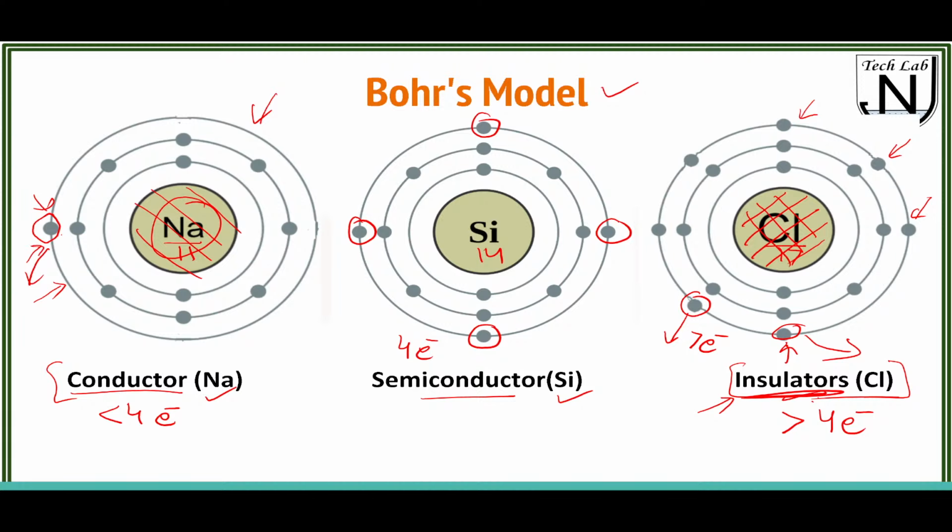Since the semiconductor is in between the two, medium energy is required to detach these electrons away from the nucleus. And somehow if we are able to detach these electrons, then current can be established, right?